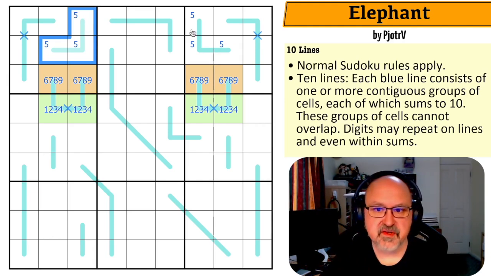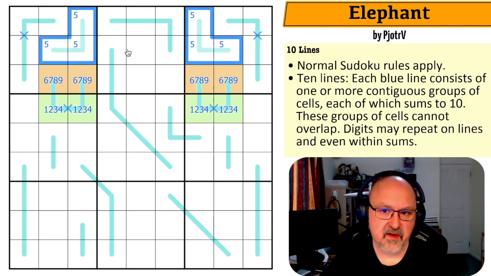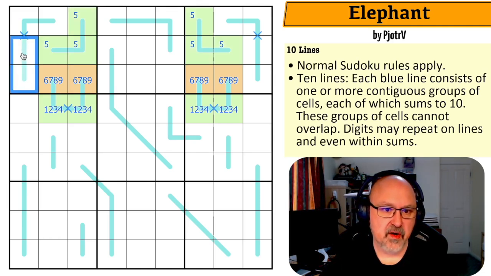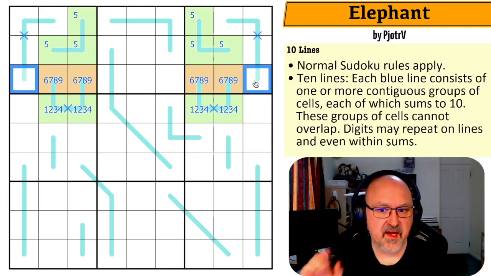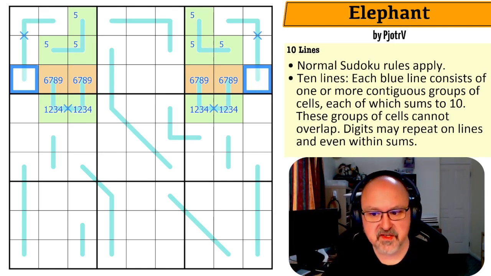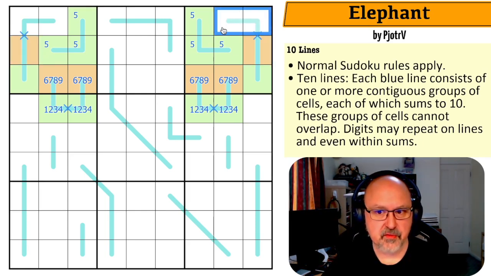I'm actually going to use 5 in low, I think, because then I can turn around and say all of these are low. And there's a low and a high here and a low and a high here. But I can't put the high in those because those are all high. So these are both low and these are both high. But I don't know which one is the low in here.